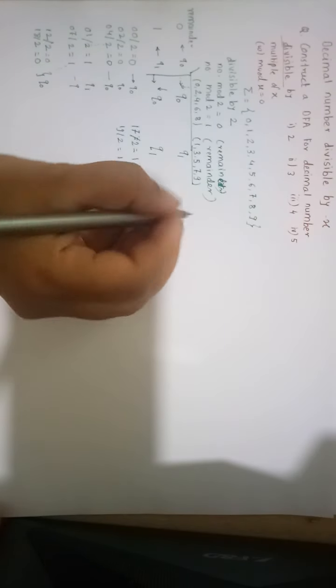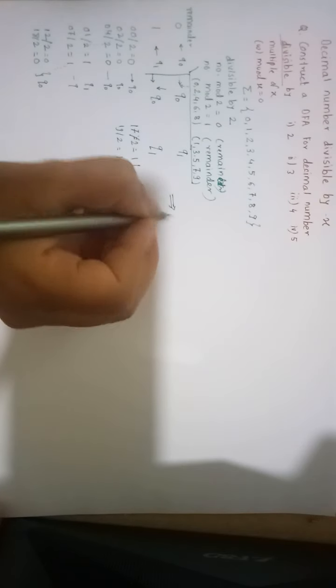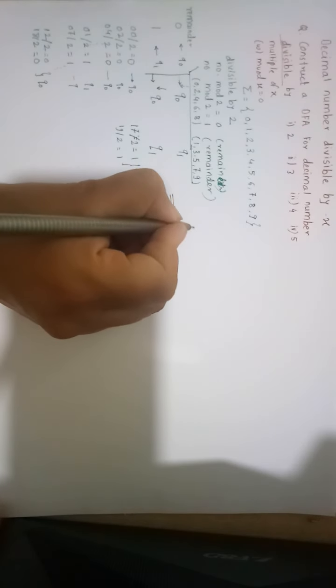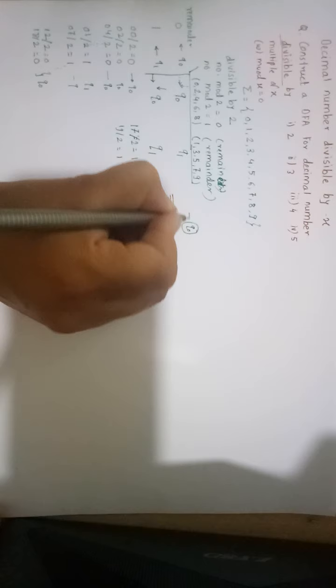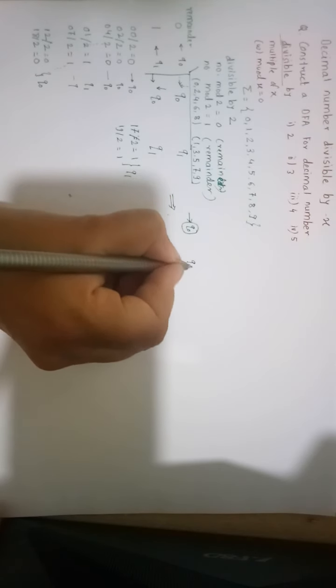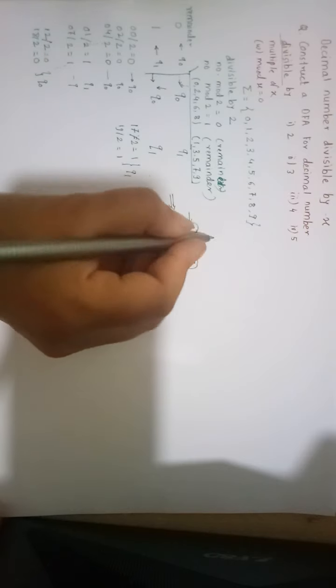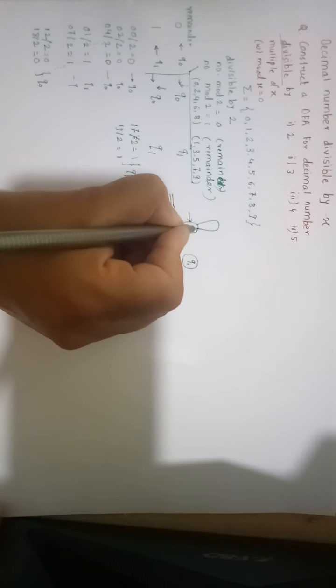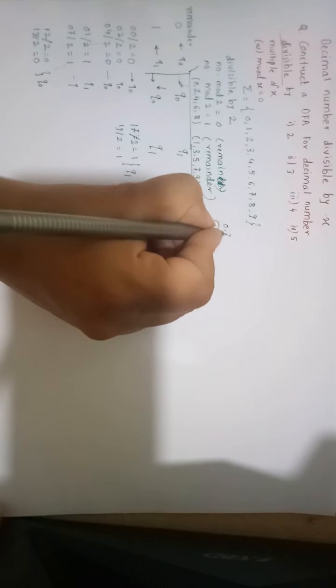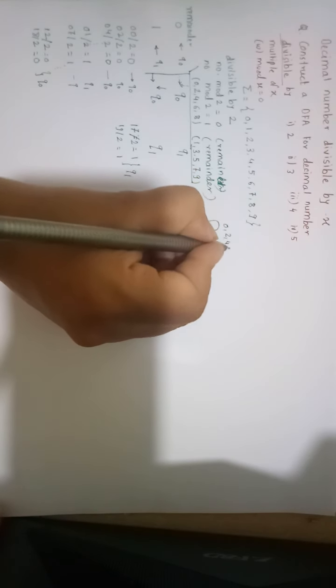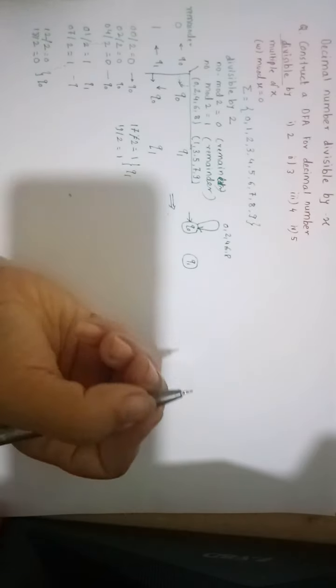Okay, from the transition table we prepare the transition diagram. In the transition diagram, Q0 is the initial state, and Q1. Q0 to Q0: the symbols are 0, 2, 4, 6, 8.